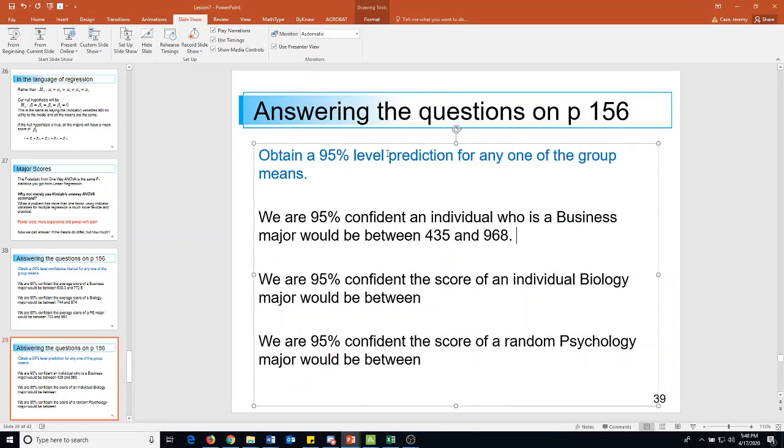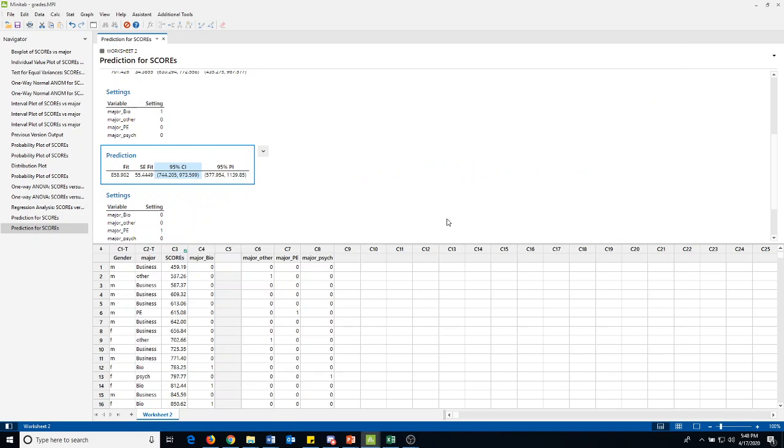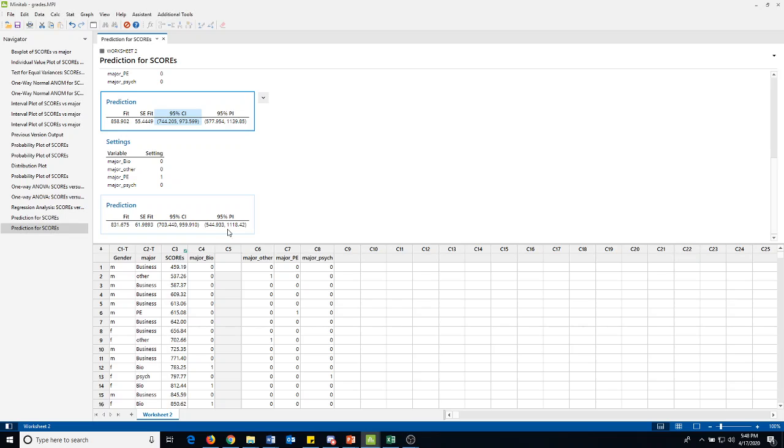I guess they're so good that they score more than 1,000 points total in the course, but hey, we'll put that in there. And then for a random PE major, well, you get the idea. You can go back here to the PE and it gives you the prediction interval between 545 and 1180.